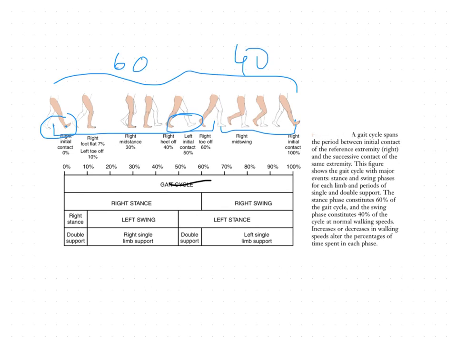For the right, at 7% of the gait cycle we get foot flat. At 30% we get mid stance, at 40% heel off, and at 60% toe off. With this, the stance phase is complete.